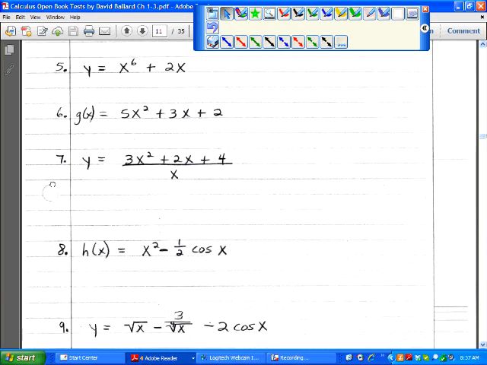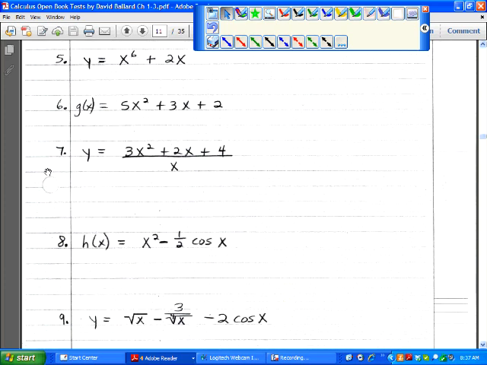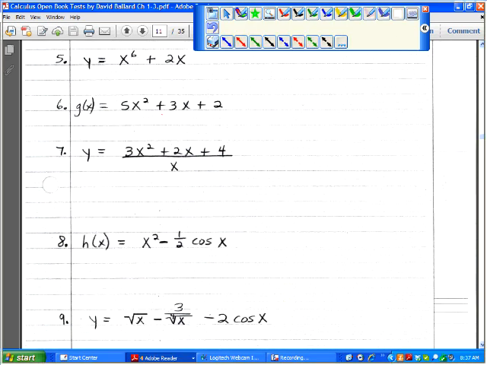Number 6. The derivative of a sum is the sum of the derivatives. What rule would we use on the first part? The exponent rule. So multiply the exponent times the coefficient and subtract 1 from the exponent, which would be x to the first.